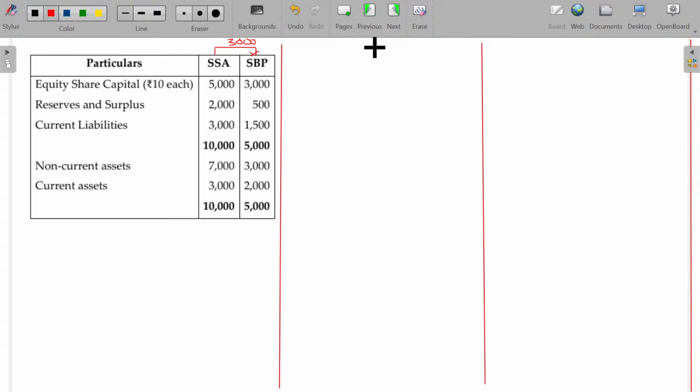So in the books of SSA, under purchase method, business purchase account debit to liquidator of SBB. How much are we offering? 3,000 is the purchase consideration.